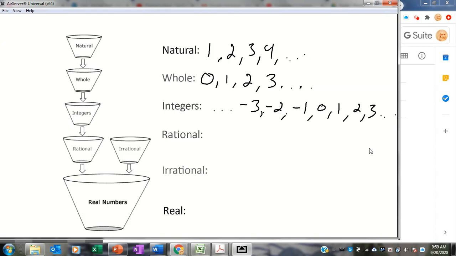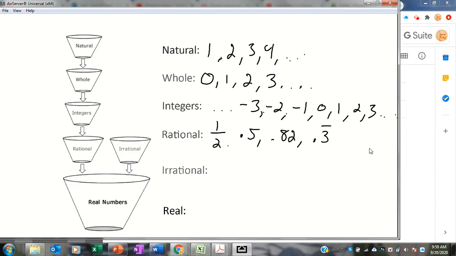Let's go to rationals. Rationals are going to be the first place where we're finally going to see other numbers that could have decimals, could have fractions. So, for instance, a rational number would be 1/2, 0.5, which is the same as that, 0.82. Now, one thing to keep in mind though, you can also have repeating decimals.